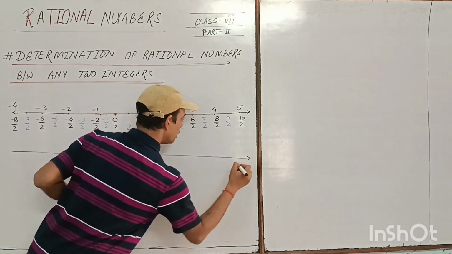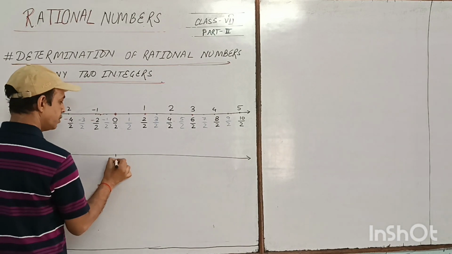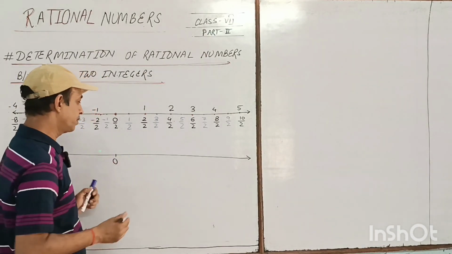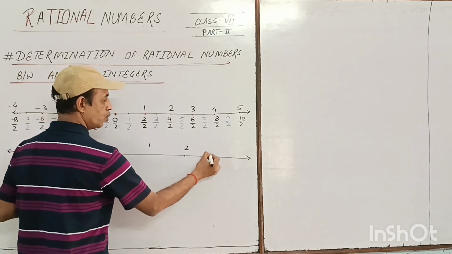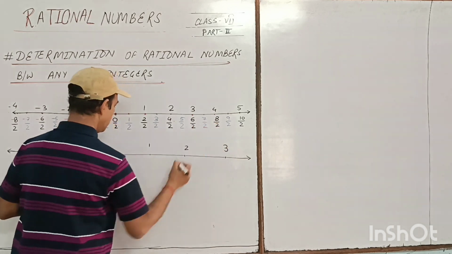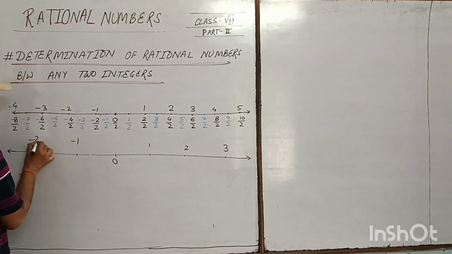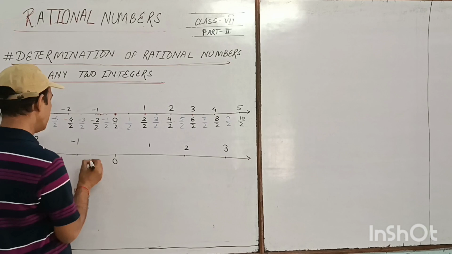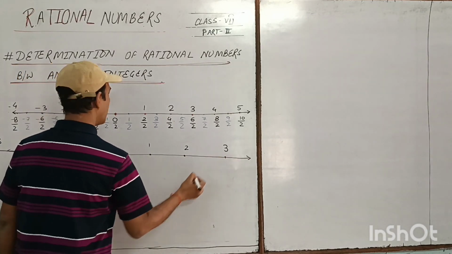If you divide into 3 parts, let's take 1, 2, 3 here, and minus 1, minus 2, and we can take it further as minus 3. Earlier we divided the integers into two parts.